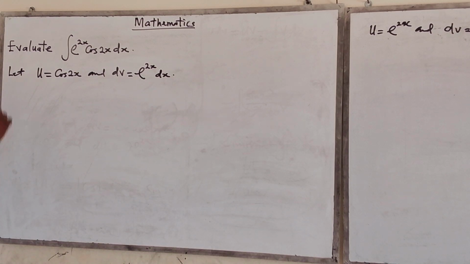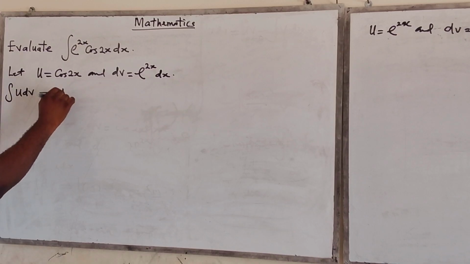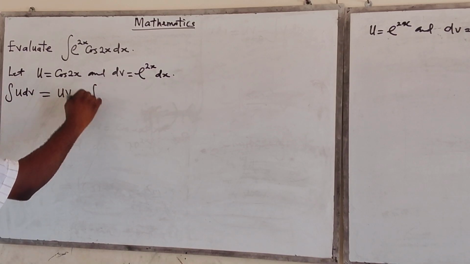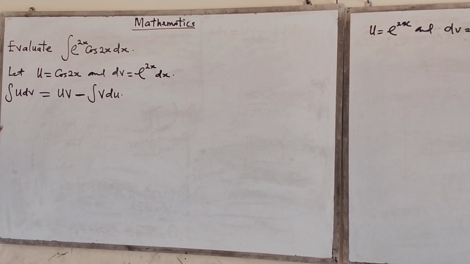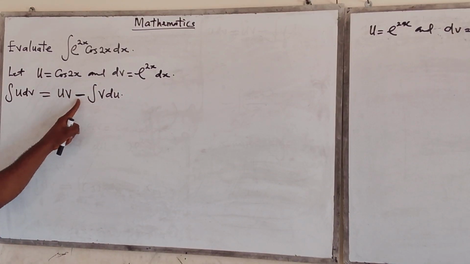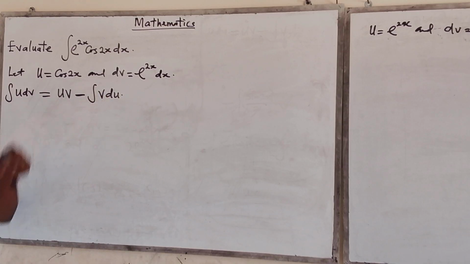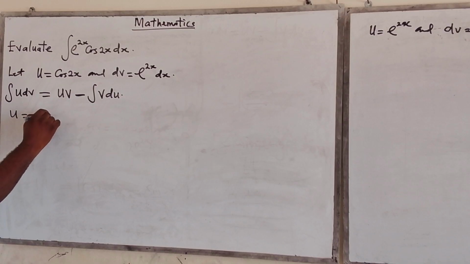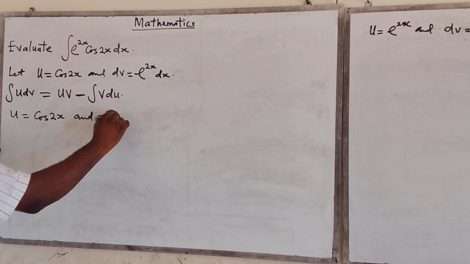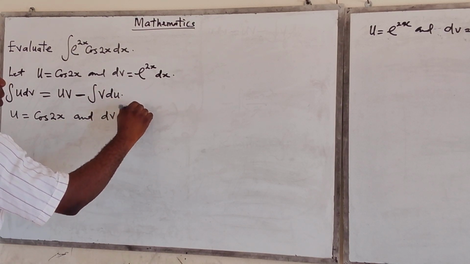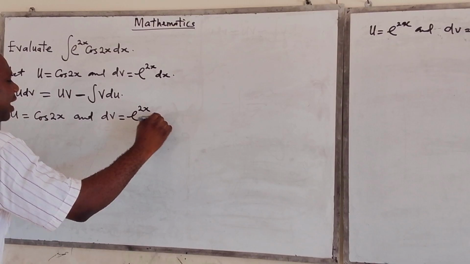Now remember, integral u dv is equal to uv minus integral v du. So now we have u equal to cos 2x and v equal to e raised to the power of 2x dx.